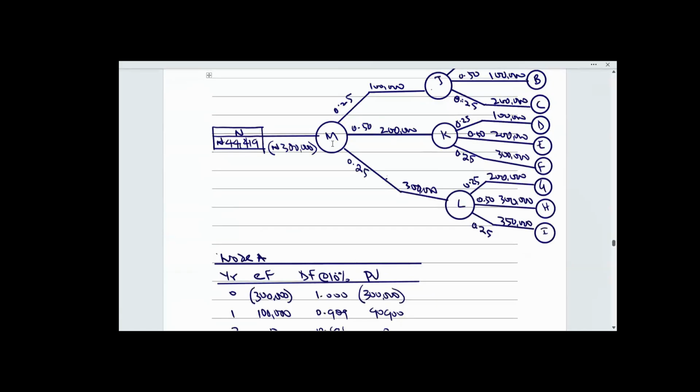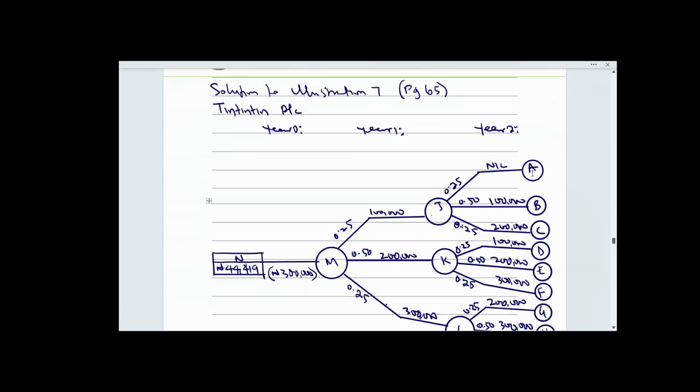So you pick the probability of node A in year 1, multiply with the probability of node A in year 2, then the probability of node B in year 1 multiplied by node B in year 2. That's how you do it for the four of them, A, B, C, and D. Let's quickly do that.